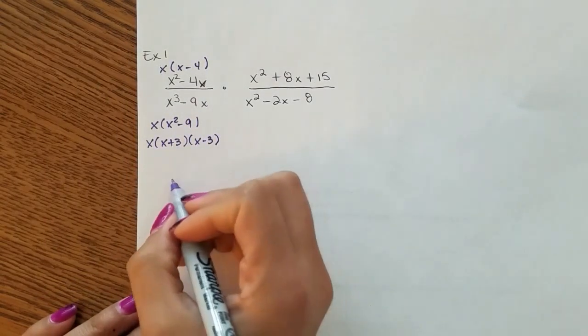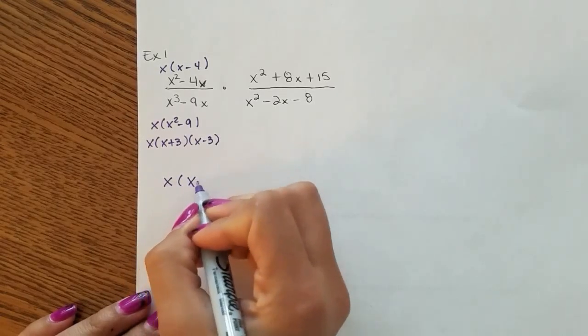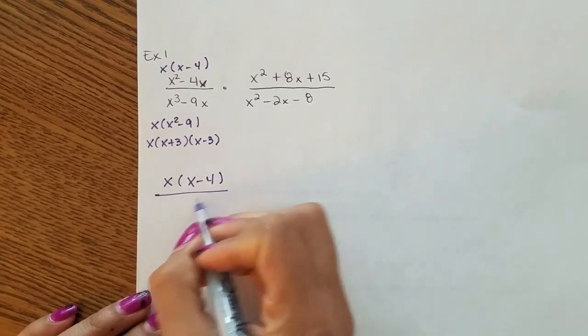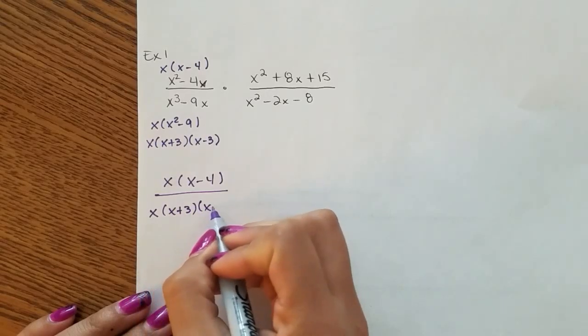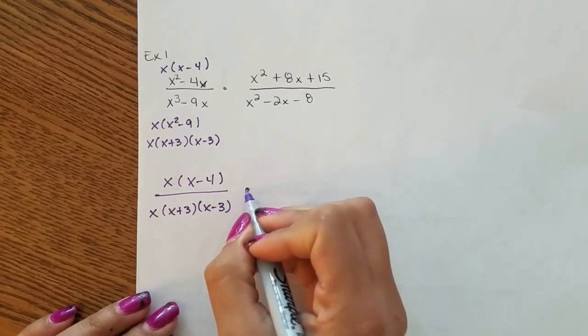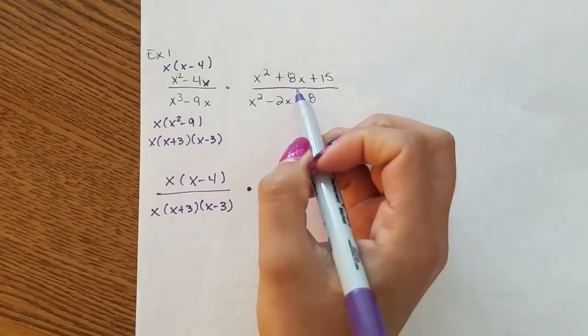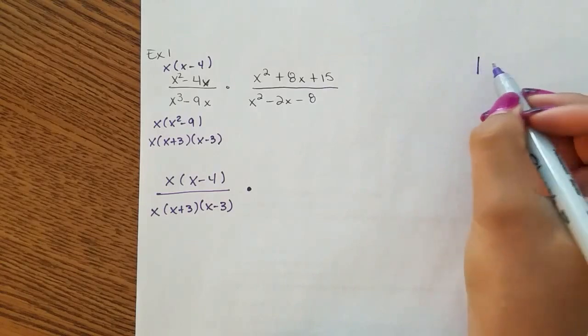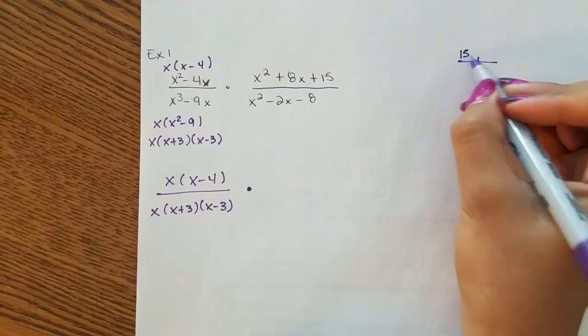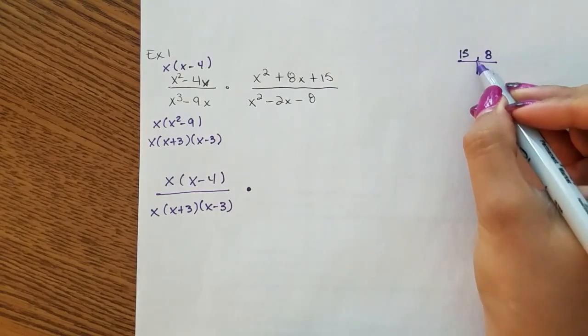So I'm going to rewrite them down here as I go. I have x times x minus 4 in my numerator, and then x times x plus 3 times x minus 3 over here, and I'm still multiplying. Here there's no GCF, so I'm going to do my table. I'm looking for the factors of 15 that sum to 8.